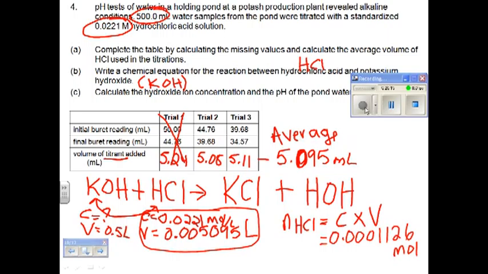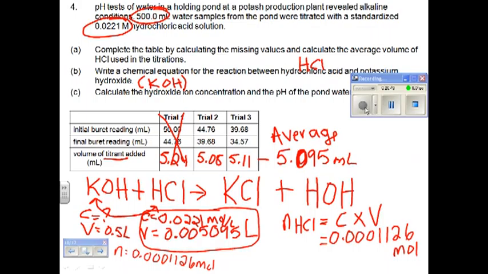Most of these questions you will do will be situations where it's a 1-to-1 mole ratio. Doesn't always have to be, so make sure you check. In this case, the mole ratio is 1-to-1, so the moles of KOH is the same as the moles of HCl: 0.0001126.